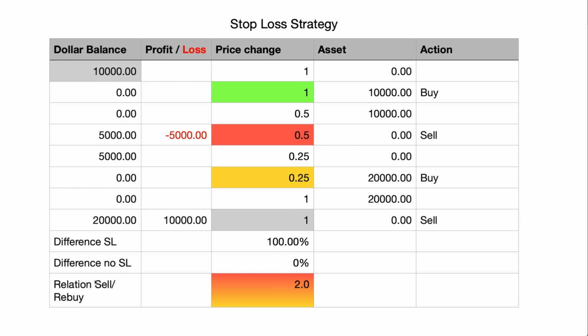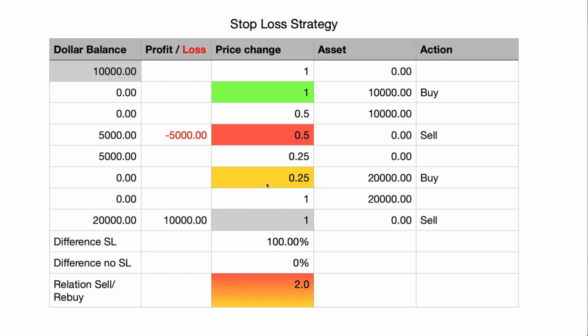An important thing to see is that the whole figures only depend on the ratio between your sell and your rebuy price. Now let me first explain what a rebuy is and how that stop loss strategy works in general.